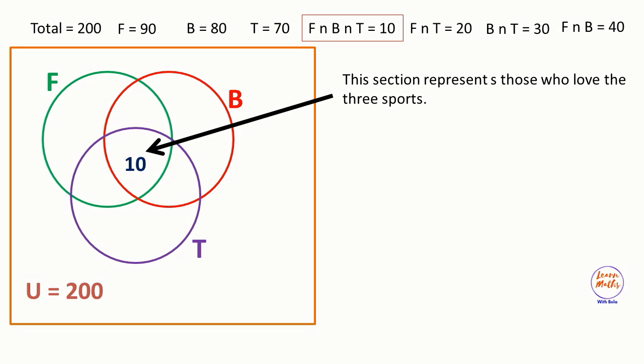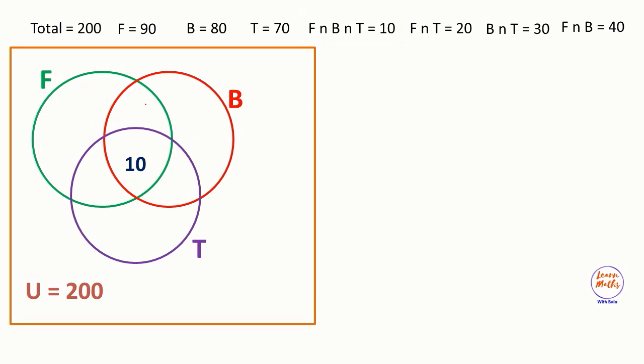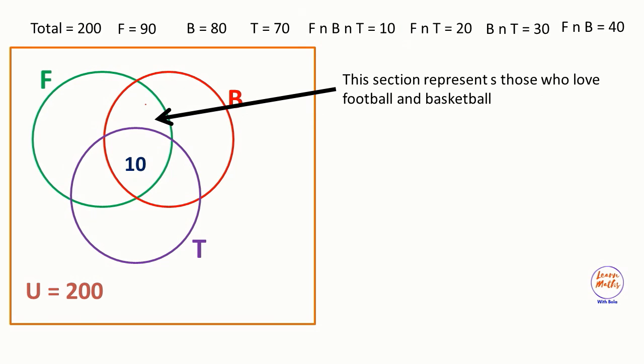And this section here is where you have all the students. So what I do is to write the 10, and then put in the students who love football and basketball. And if you remember that I said that the students who love football and basketball, in that number you have students who also love the tennis game.